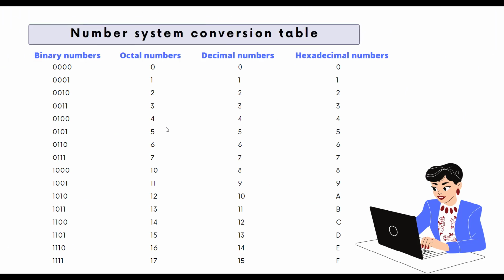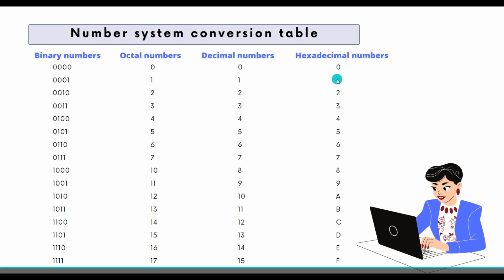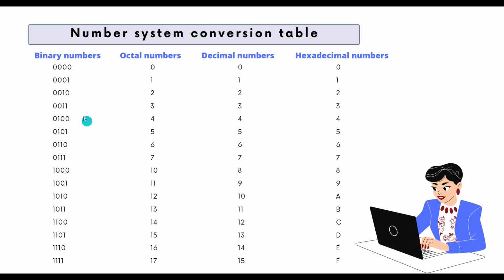And here we are going to follow a table for converting the numbers, because binary numbers look something like this, and these are octal numbers, these are decimal numbers, and these are hexadecimal numbers. Binary numbers are base 2, remember this, octal is base 8, decimal is base 10, and hexadecimal is base 16. For example, we want to convert binary to decimal, decimal to hexadecimal, or hexadecimal to octal.